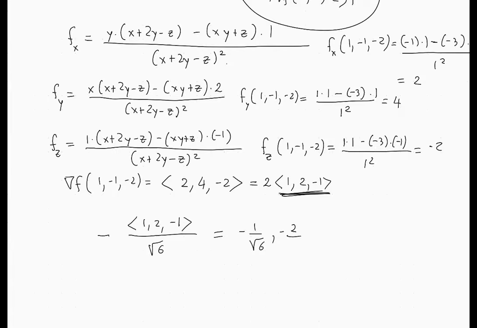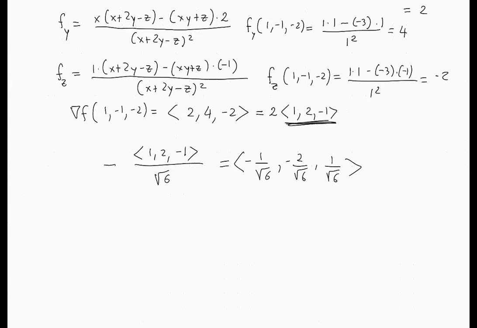Again, let me just say that if you have a vector u which is different from 0, normalization of u is exactly the same as normalization of lambda u for some lambda greater than 0.